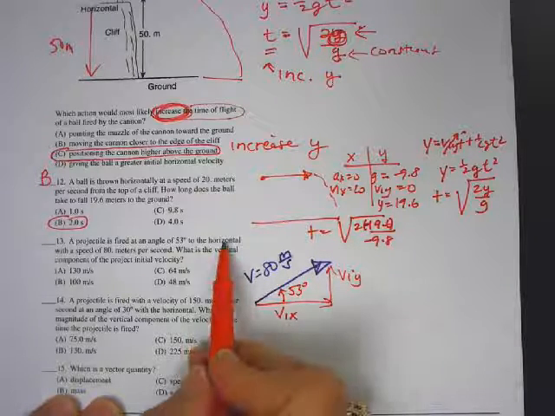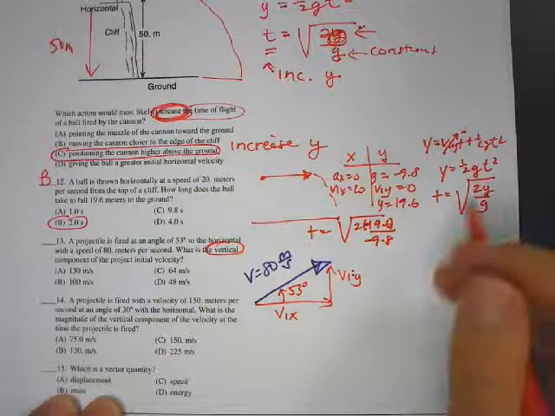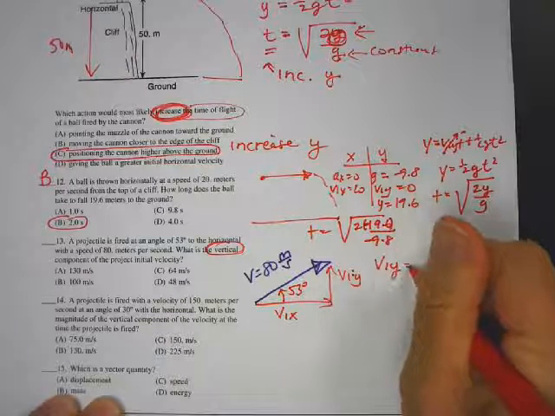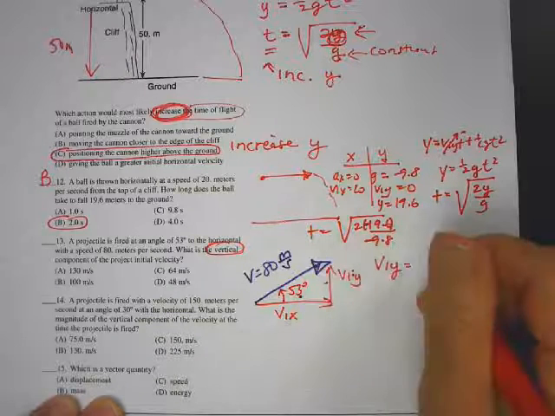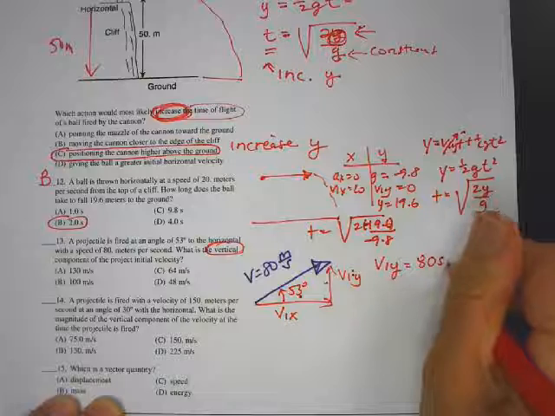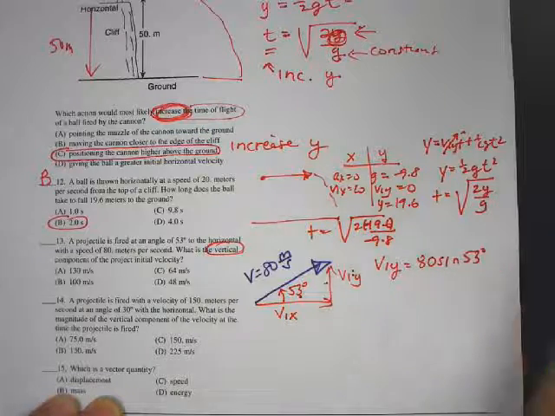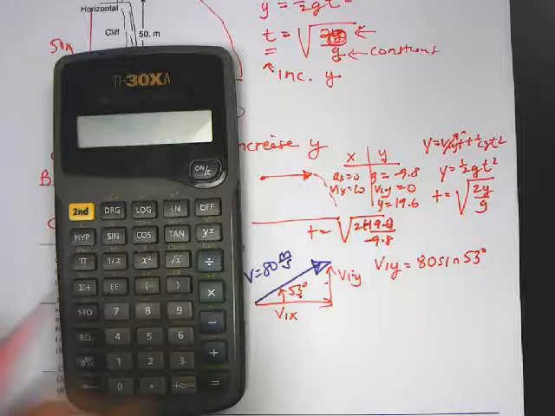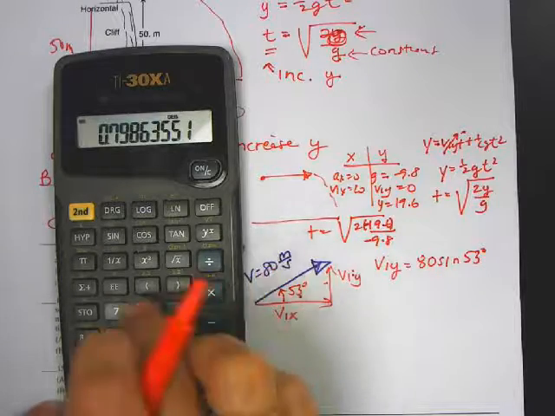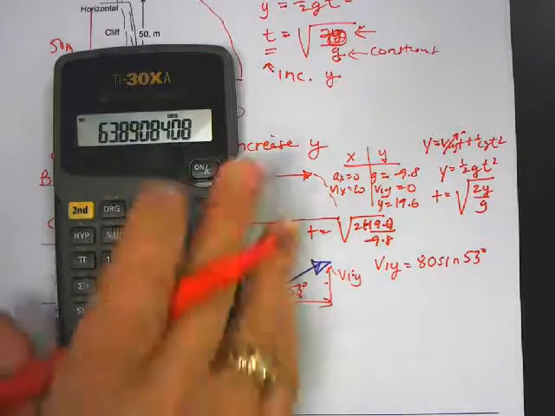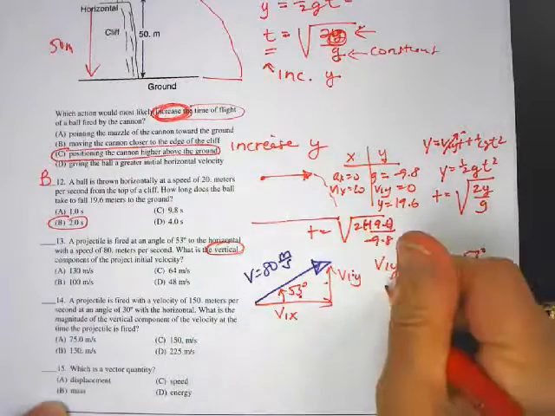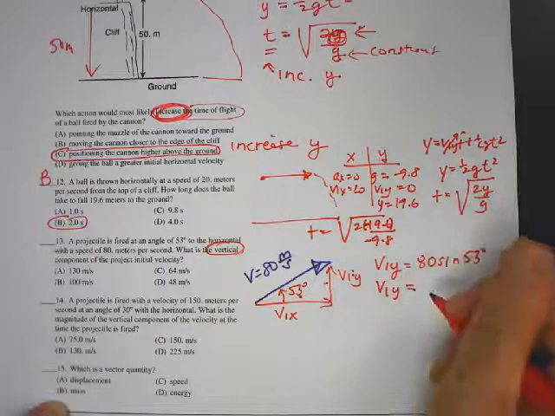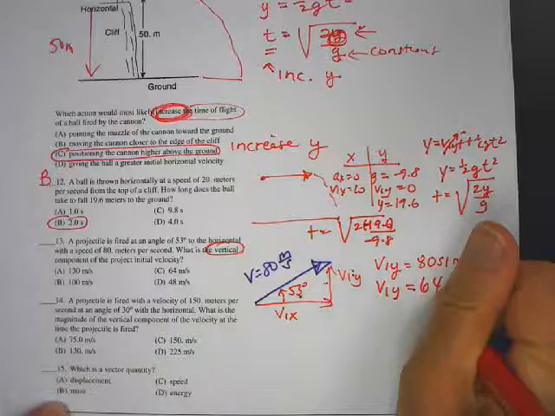So the vertical is VIY. VIY is opposite, which is sine. So it's going to be 80 times the sine of 53 degrees. So I say 53 sine times 80, and that comes out to be 64, which would be choice C.